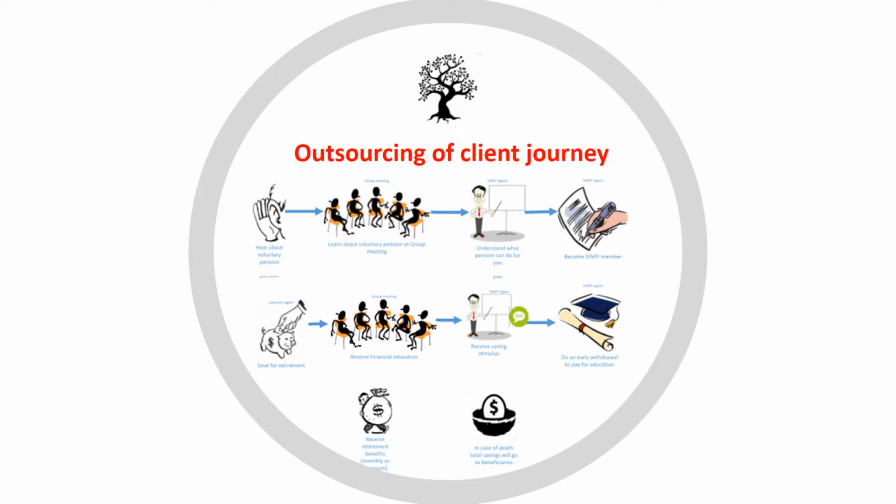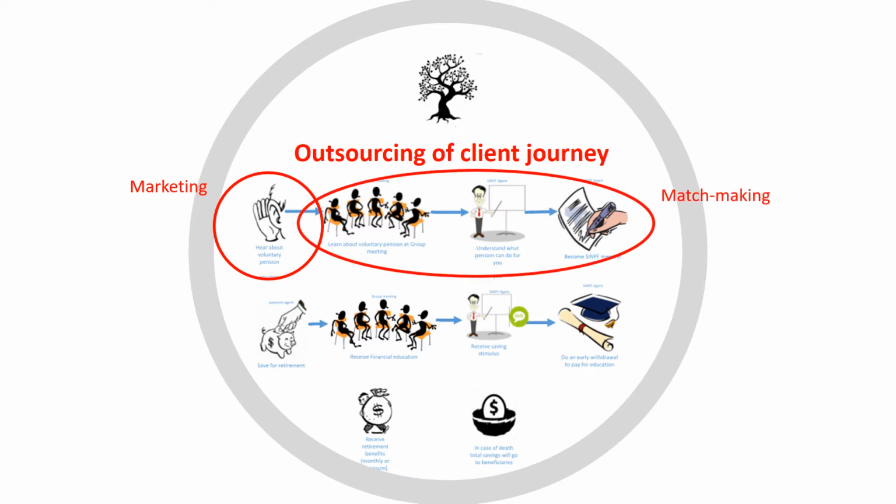It will also help you to clarify which elements in the client journey you will want to execute yourself and which parts can be outsourced to partners. This is dependent on factors such as on-the-ground presence of your organization, availability of staff, levels of control, and associated cost. In general, for a micropension scheme, partnering with distribution partners is more cost efficient.